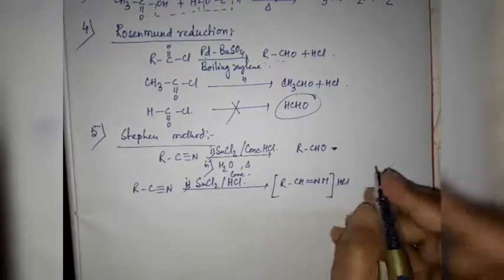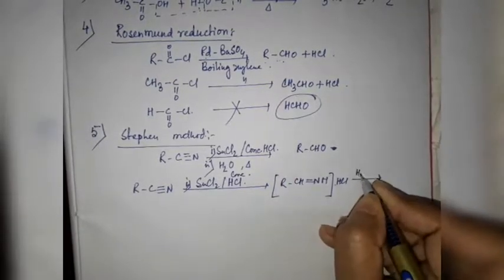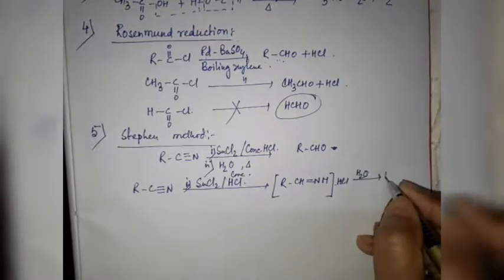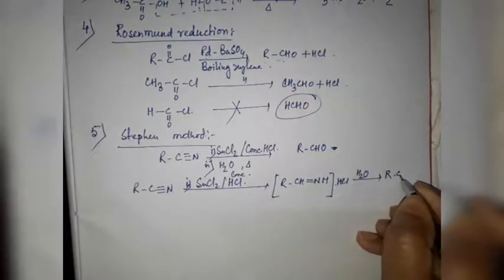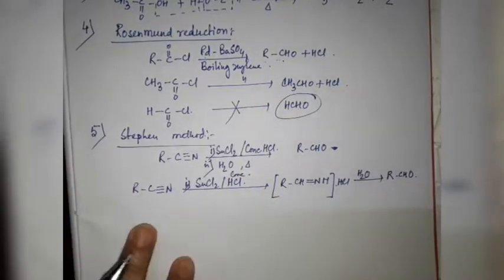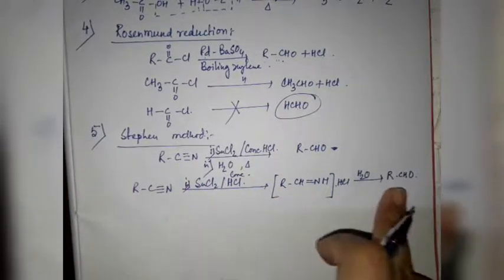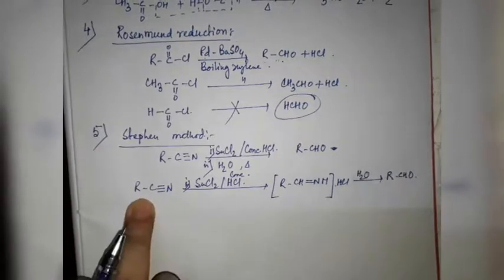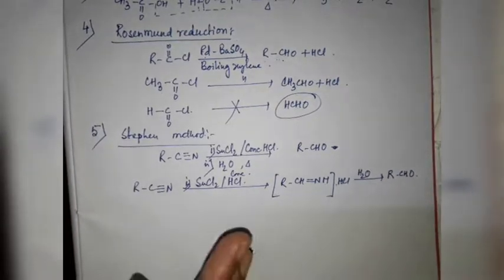This is imine. After hydrolysis we will get RCHO. Clear? So by Stephen method we can produce aldehydes from cyanides in this way.